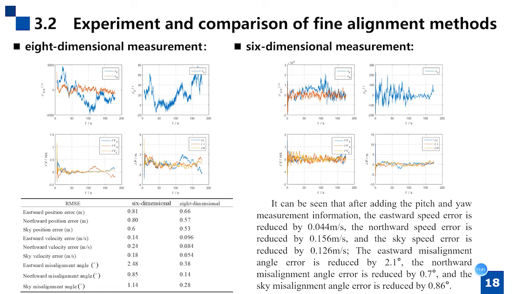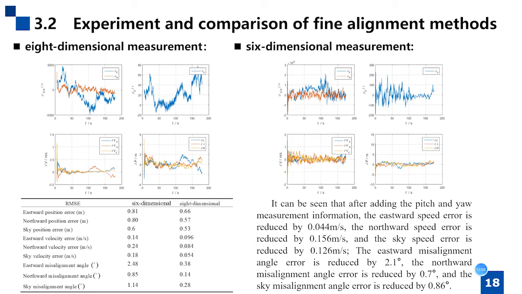The left figure shows the in-flight fine alignment error of 8-dimensional measurement. The right figure shows 6-dimensional measurement. There are 4 subfigures in each figure. The first subfigure shows the east misalignment angle and the north misalignment angle.